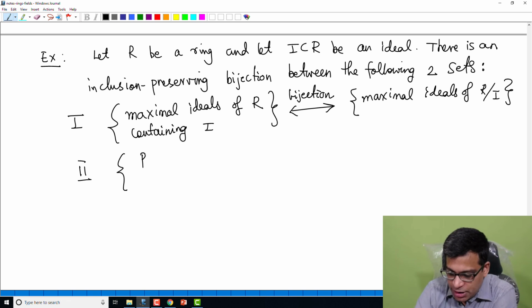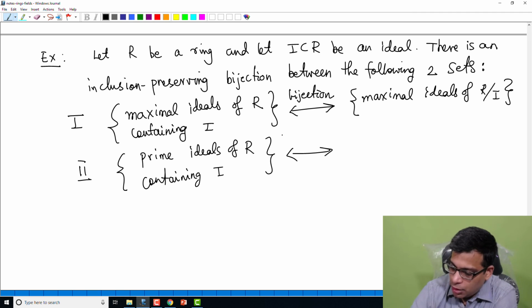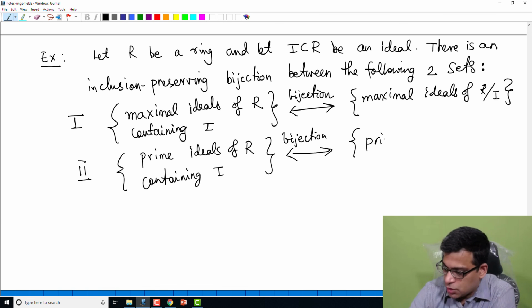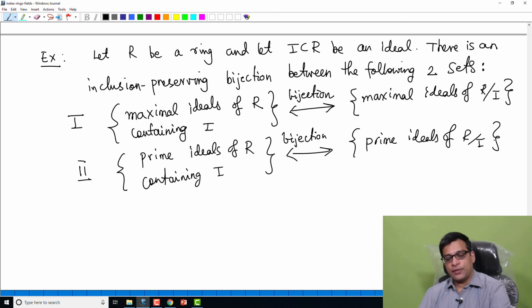There is such a bijection also from prime ideals of R containing I, and here also you put prime ideals of R mod I. What you have to do for the first one is easy, because maximality is a statement about inclusions. All you need to do is that the original correspondence theorem is an inclusion preserving bijection.